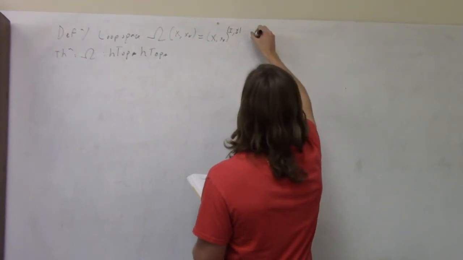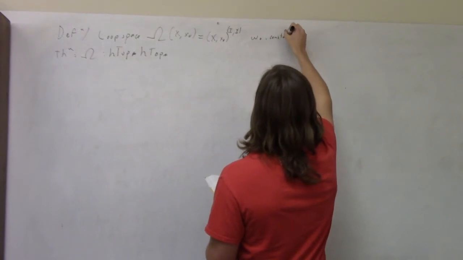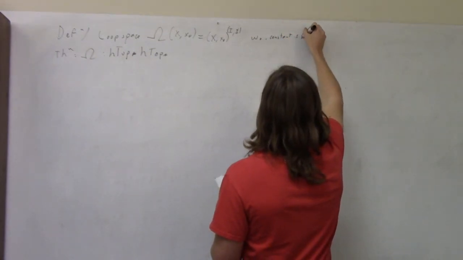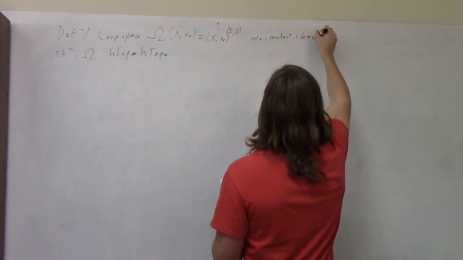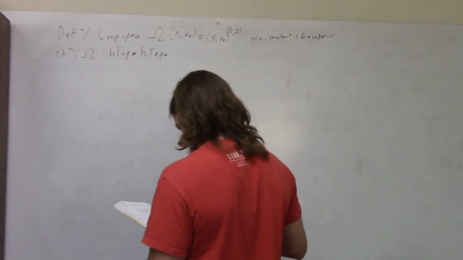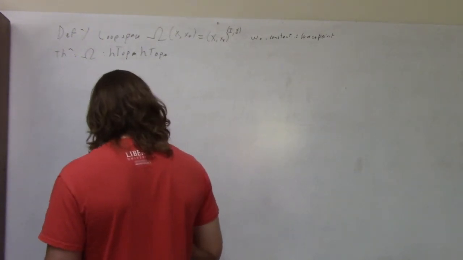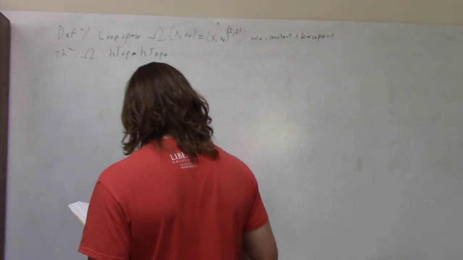He also mentions here it's topologized with the compact open topology, which is what we're always doing when we're doing function spaces. You have to be careful how you topologize it.